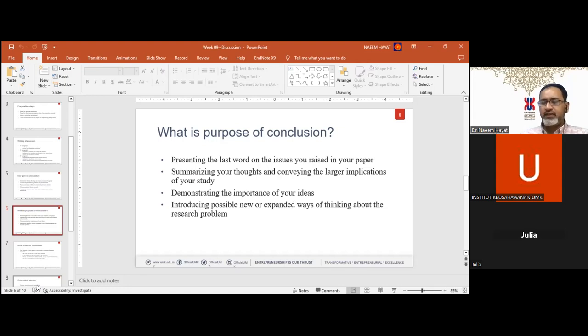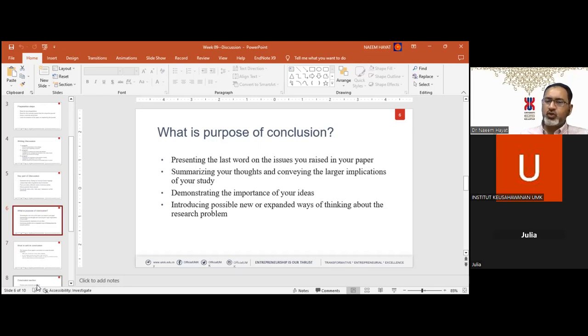Demonstrate the importance of our idea, that how what we present is able to solve some of the issues reported in the introduction. So introducing a possible new expanded way of thinking about the research problem means food for thought or the future implication that we keep in mind while we are looking for another research. So that is the purpose of the conclusion.